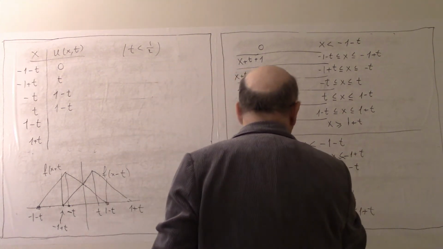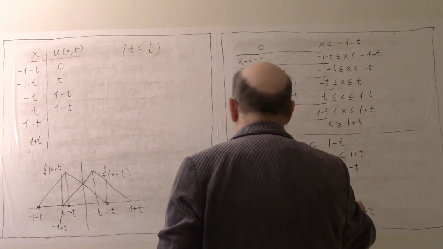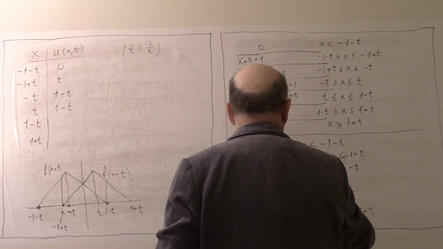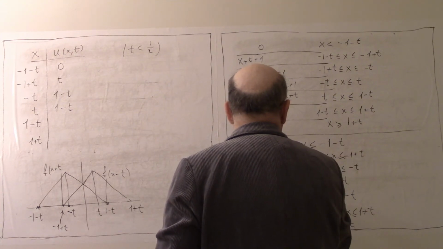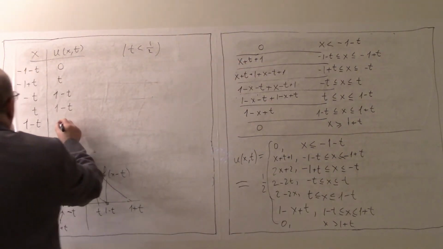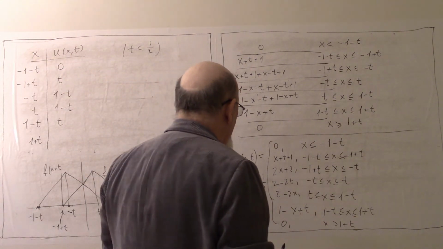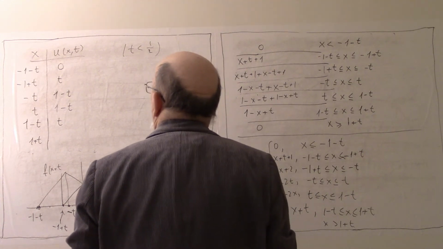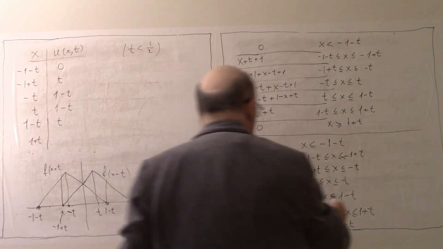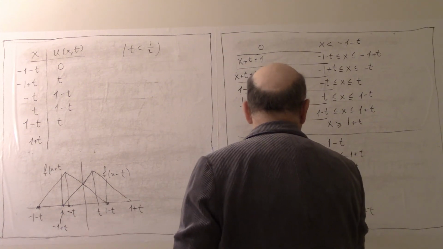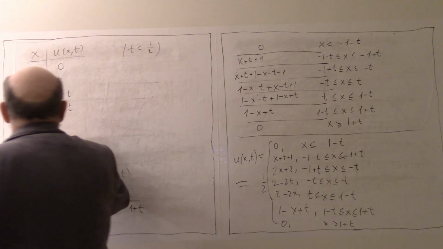Now, at the point 1 minus t, it is 1 minus t, and 1/2 here. And here it is t, and when x equals 1 plus t, it is 0.